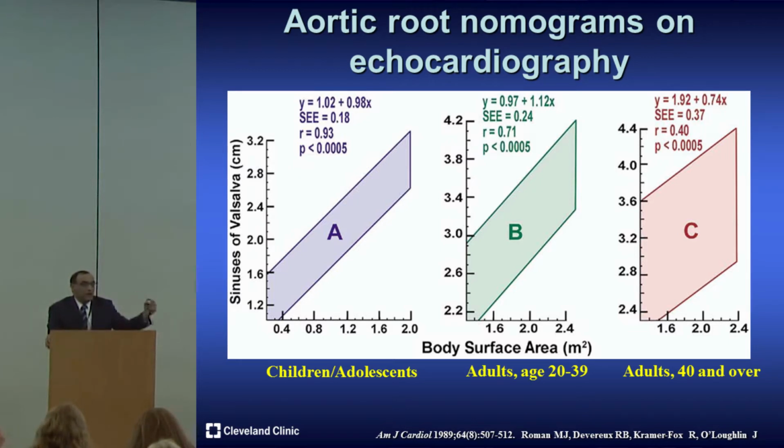And most of the aortic dimensions are indexed, meaning you put the aortic dimension on the numerator and the body surface area on the denominator. So paradoxically, at the same height, if you were to become chubbier, your Z-score goes lower. That doesn't make sense, does it? So we'll come to that in a second.